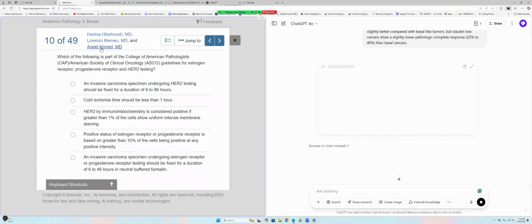While waiting for it, can we answer this question? Which of the following is part of the CAP/ASCO guidelines for breast cancer specimens?